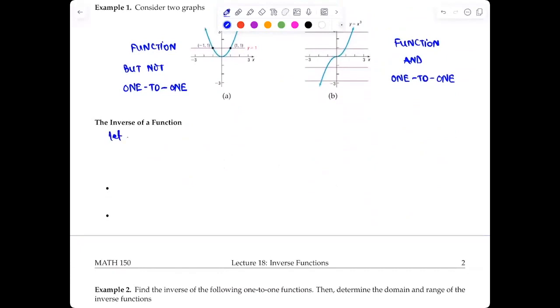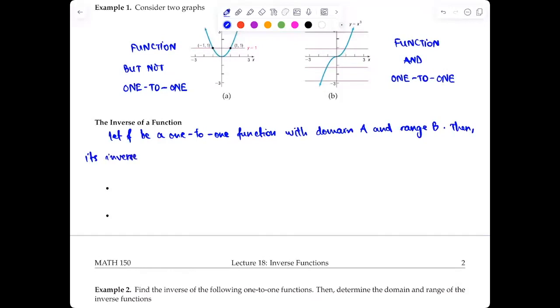Let f be a one-to-one function with domain A and range B. Then its inverse, here is the notation, and you have to be very careful with the notation.